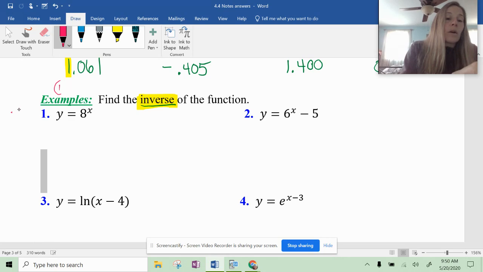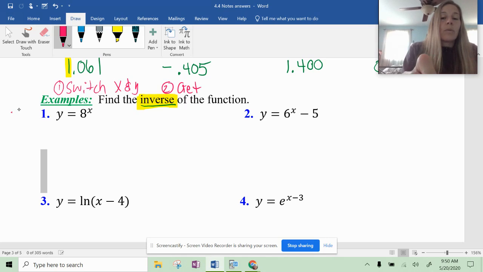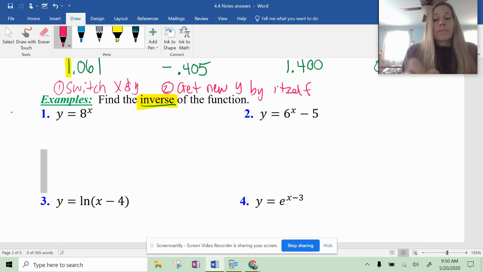So that's step 1, switch x and y. And step 2 would be get the new y by itself. Okay, so that would be the inverse equation.